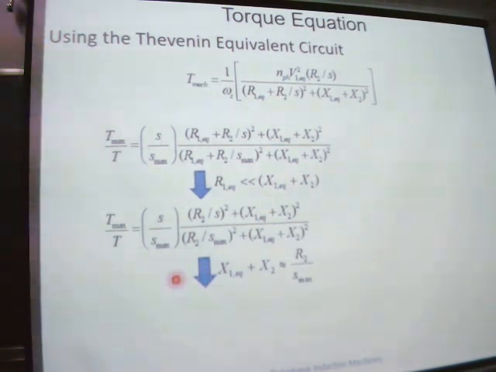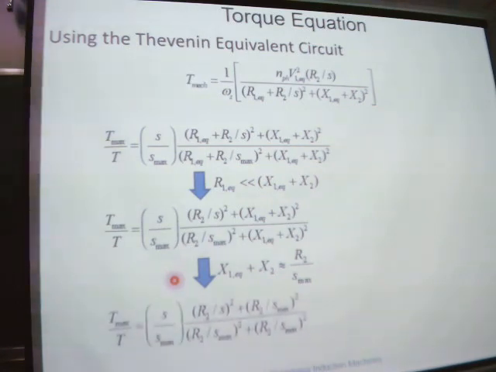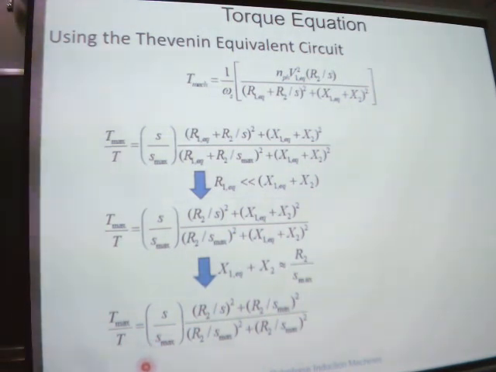After simplifications, we can obtain the equation which relates the torque and the slip at any operating point to the maximum torque and slip at maximum torque. So this is a very useful equation.